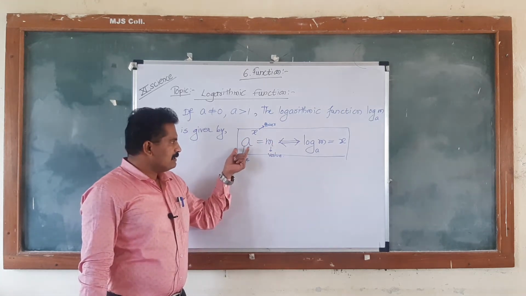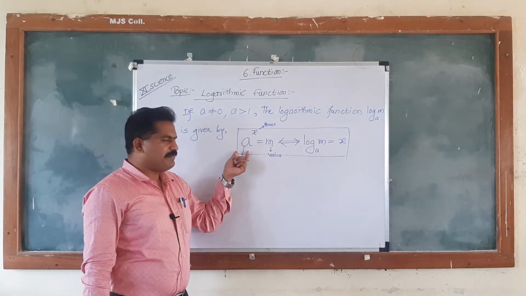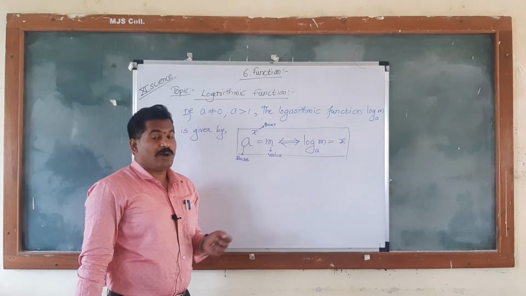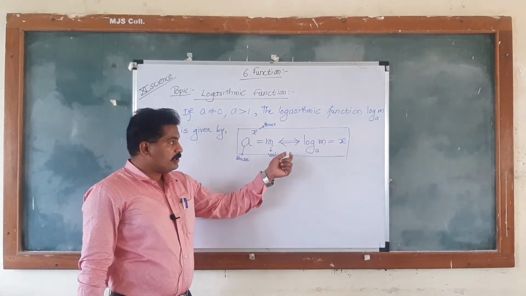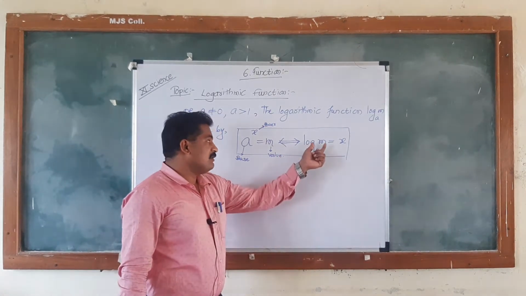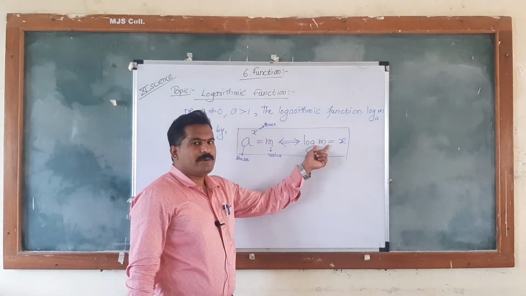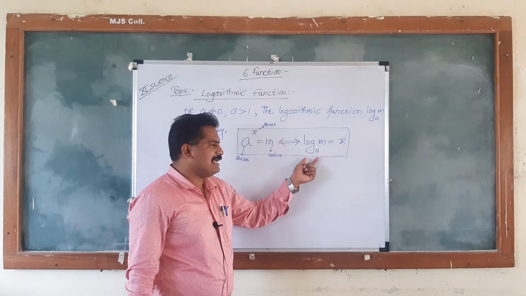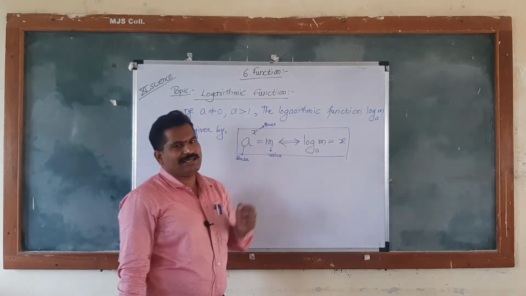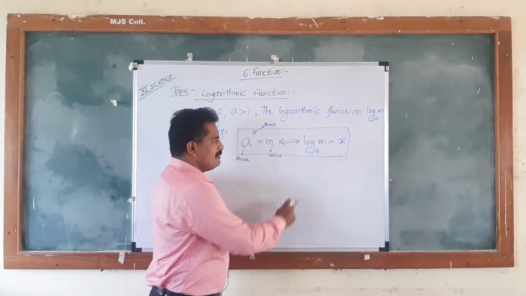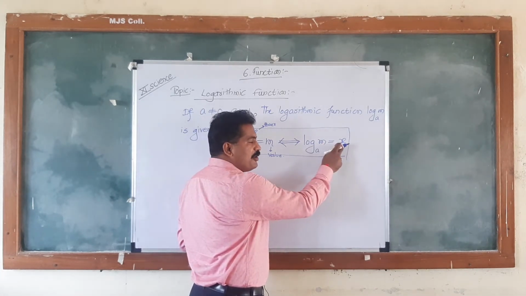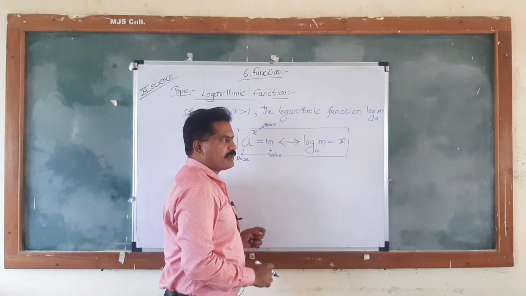That means the power x with base a is equal to m. Then logarithm decides the value m to the base a is equal to x. In logarithm, a is the base, m is the value, and x is the output.